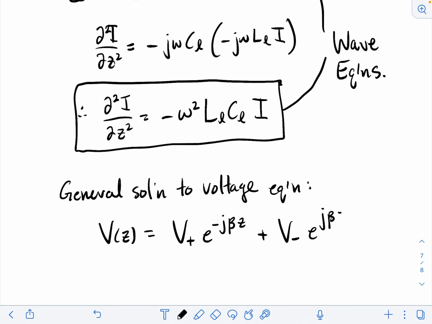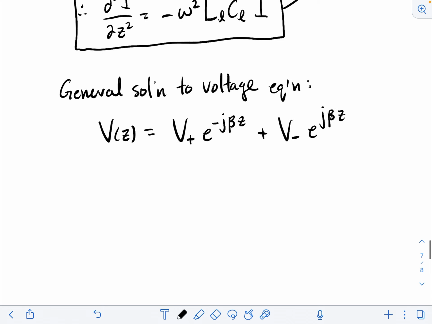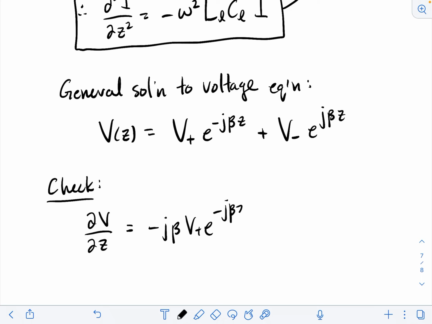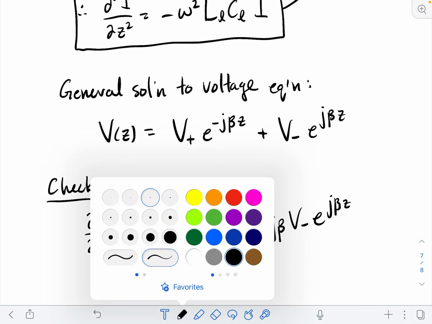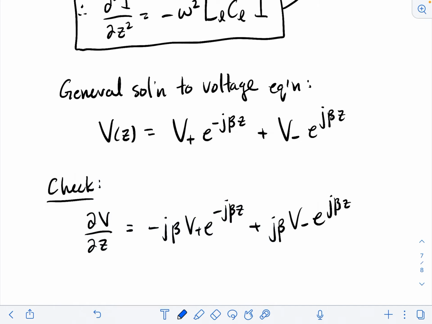Let's just verify that actually is a solution to our wave equation. So we need to take two derivatives of V. The first derivative is going to be minus j beta V plus e to the minus j beta z, and then we're going to get plus j beta V minus e to the j beta z. So that's the first derivative. In fact, I think we're going to use this equation in the next video, so I'm going to label it now.